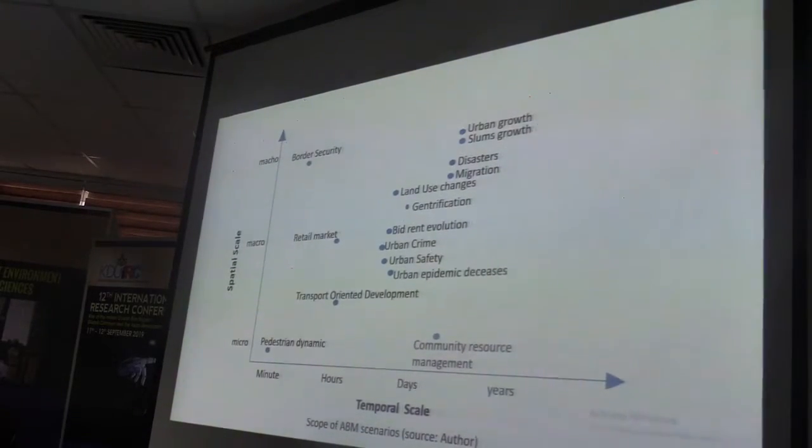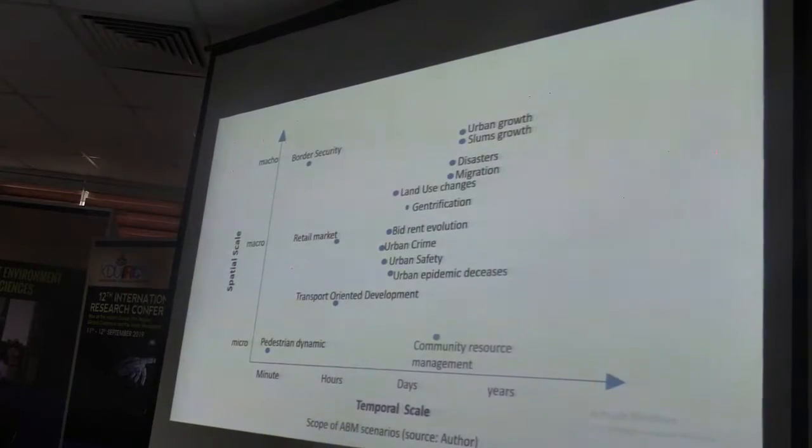Agent-based modeling is currently being used in a number of different disciplines. Also, agent-based modeling plays a role in a wide range of phenomena in the geographical system. Some of them are pedestrian dynamics, transportation-oriented development, border security, urban safety, land use changes, and urban growth, etc. The figure shows how agent-based modeling use changes with spatial scale and temporal scale.